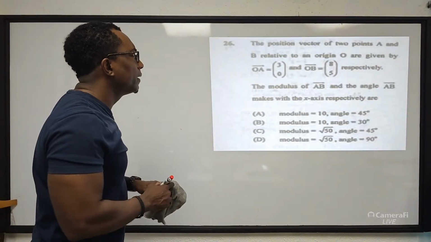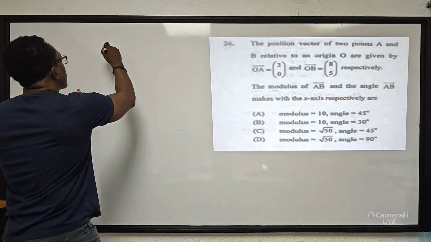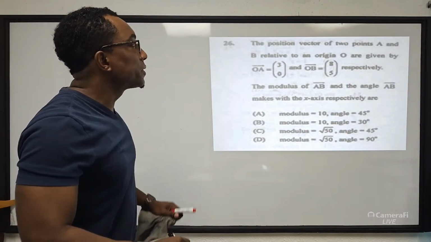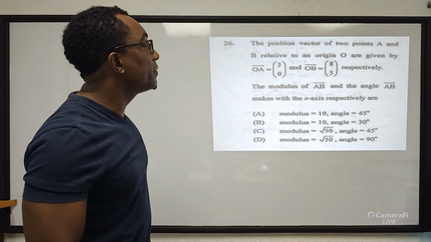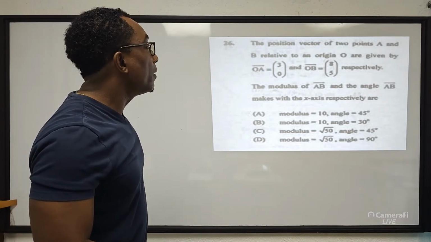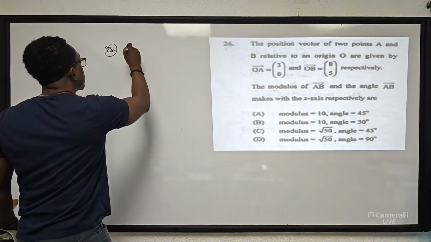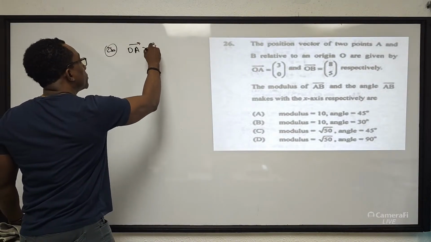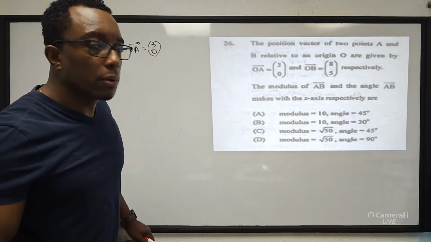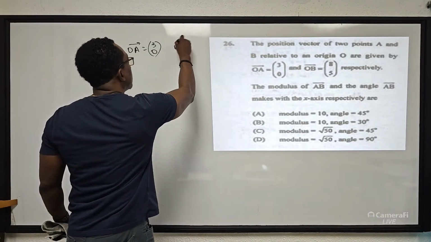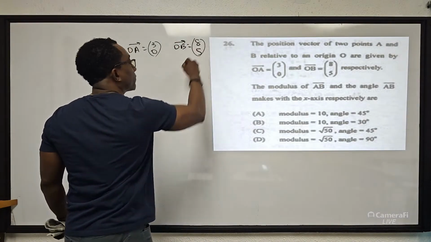So we have vectors again. The position vectors of 2 points A and B relative to an origin O are vector OA, whose magnitude is 3, 0, and vector OB, whose magnitude is 8, 5.